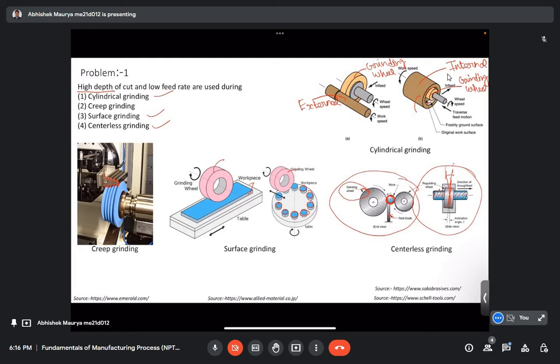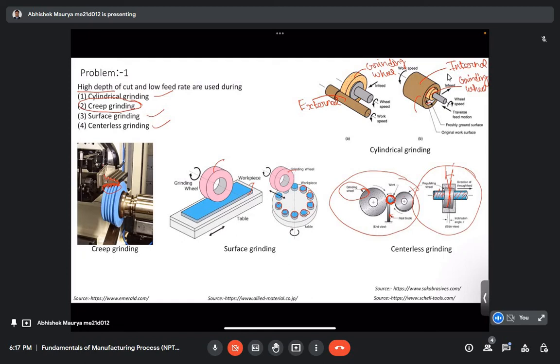Therefore, we have to give a high depth of cut in order to make that kind of deep profile. And since we are giving a high depth of cut and lots of heat is being generated, we have to reduce the feed rate. So the correct option for this question will be creep grinding.